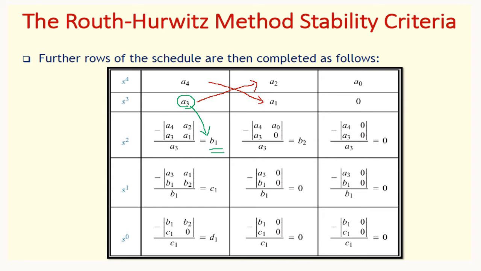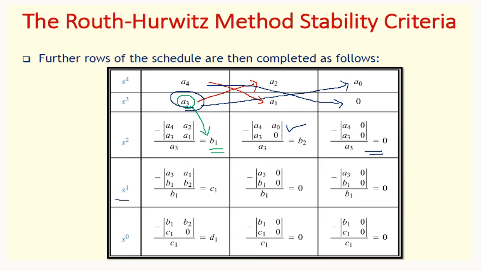For the next value, again we do the same thing, we multiply A3 by A0, again negative sign, A4 multiplied by 0, divided by, again the same parameter, that is A3. So, we get B2. Similarly, for this we take A3 multiplied by 0, minus A4 multiplied by 0, divided by A3.